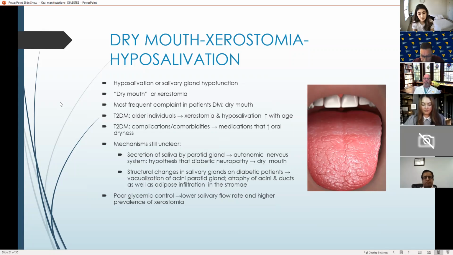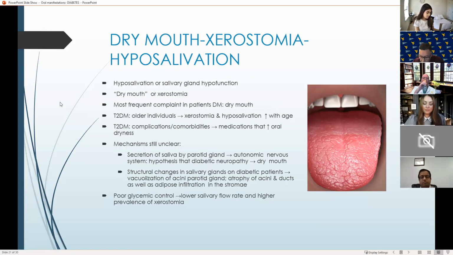The experience of a dry mouth is one of the most frequently mentioned oral complaints by patients with diabetes. In a way, this is not surprising, considering the fact that the population with type 2 diabetes generally consists of relatively older individuals. As we know, the prevalence of xerostomia and hyposalivation increases with age.